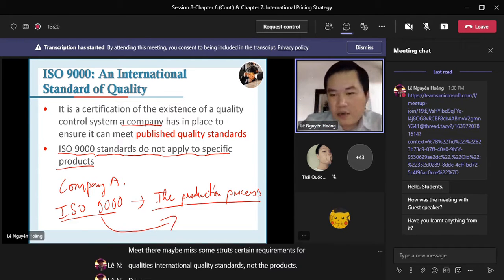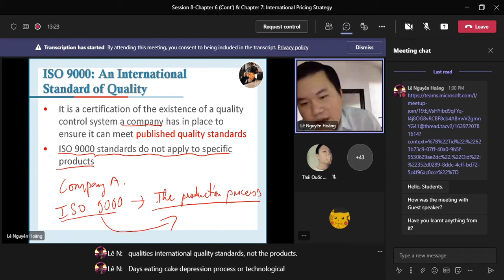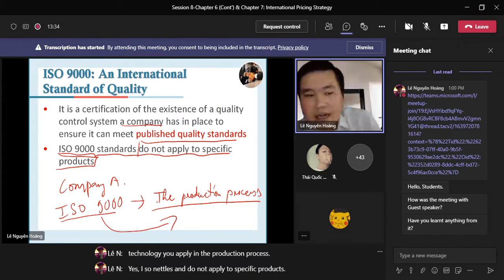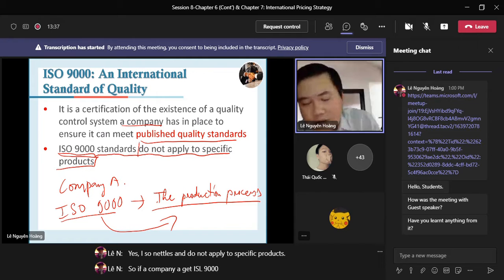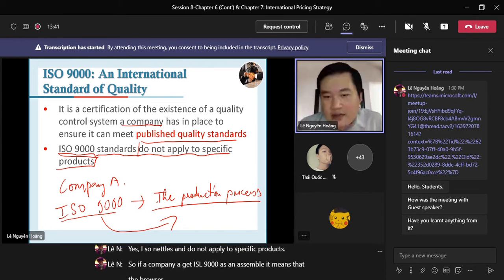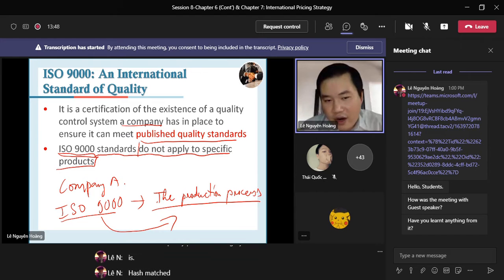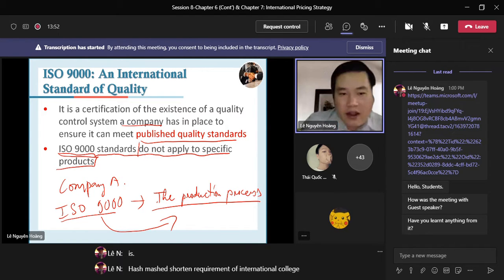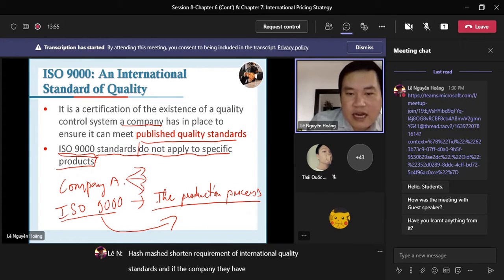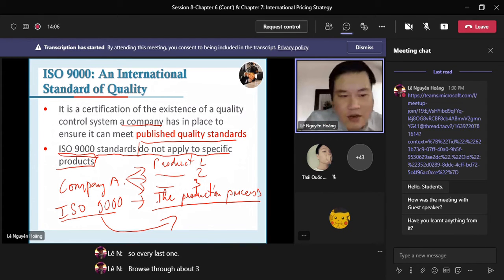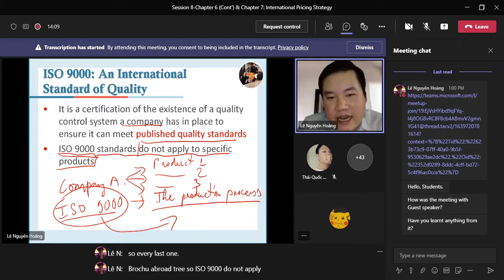It indicates the production process or technology you apply in the production process. ISO 9000 does not apply to specific products. So if company A gets ISO 9000, it means the production quality process run by company A has met certain requirements of the international quality standard. If company A has three types of products, such as product 1, product 2, and product 3, ISO 9000 does not apply to these specific products.